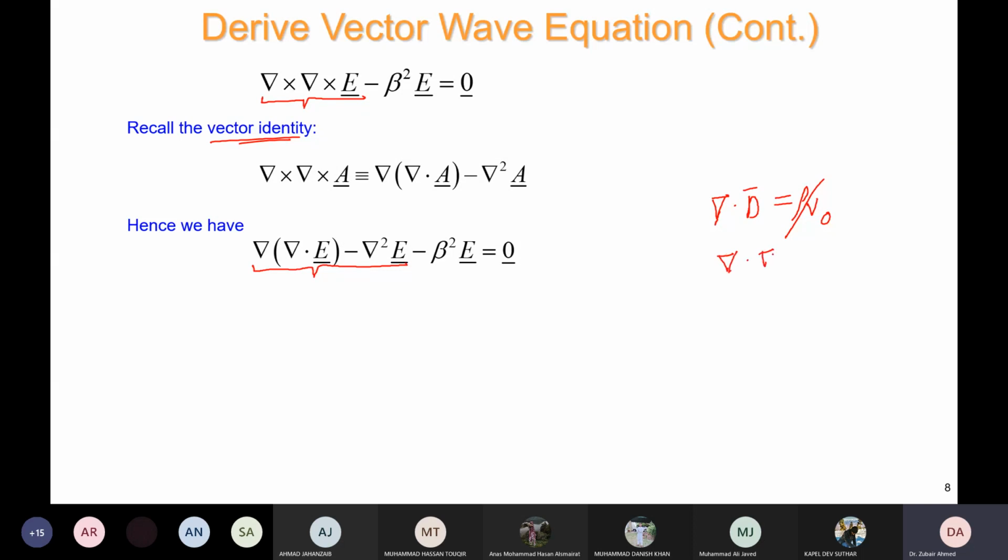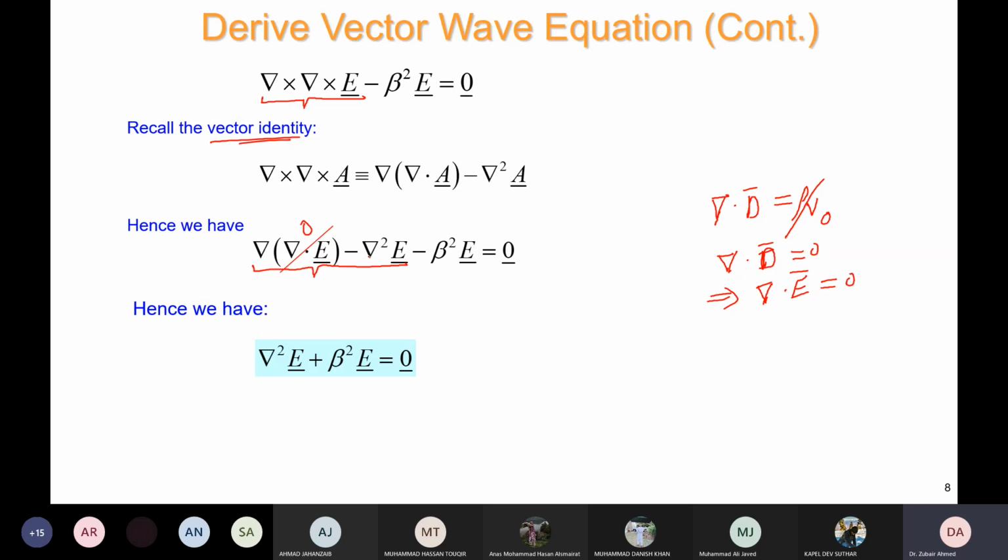So divergence of D is equal to 0, and D is equal to epsilon E. Epsilon cannot be 0, so this means that divergence of E must be 0. So this first term in a source free or lossless media will vanish.